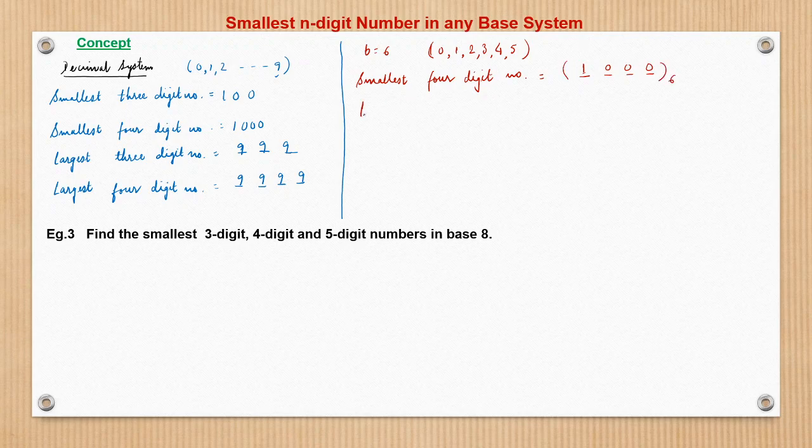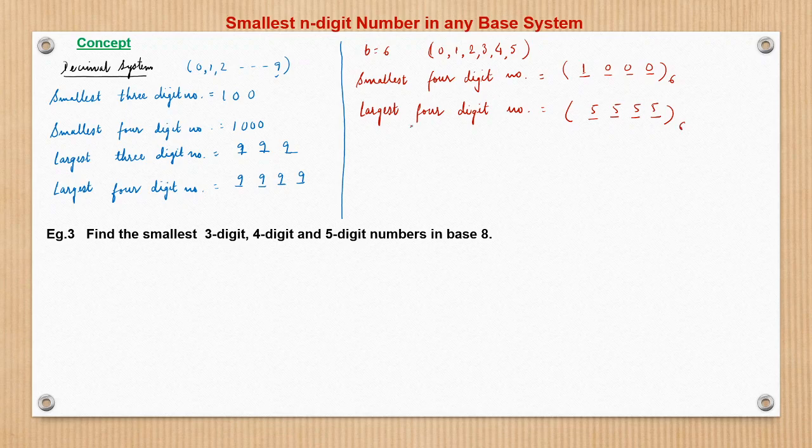Similarly, what would be the largest 4-digit number in base 6? There have to be 4 places, and for the number to be largest, all 4 places should contain the largest possible digit, right? The largest possible digit in base 6 is 5, so it should be 5 at all the places.